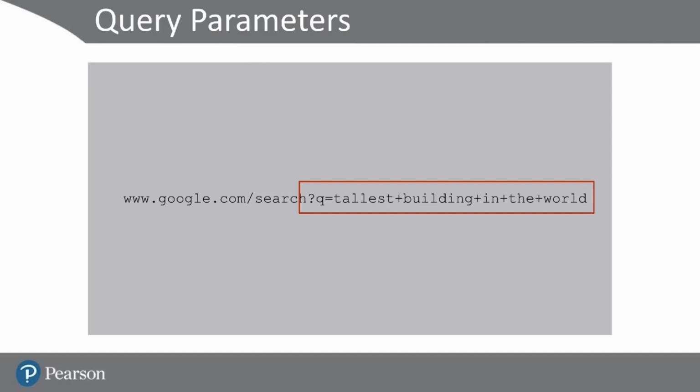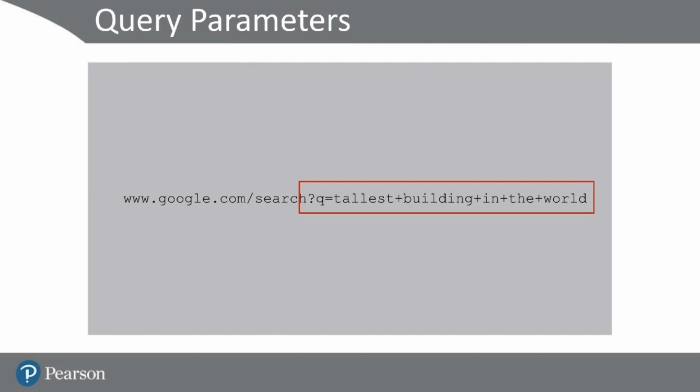It would look a little different just because Google has its own kind of naming scheme. But it would say search, followed by a question mark, and then some kind of variable name, in this case q, equals, followed by the actual value for that variable. So this is what query parameters look like.